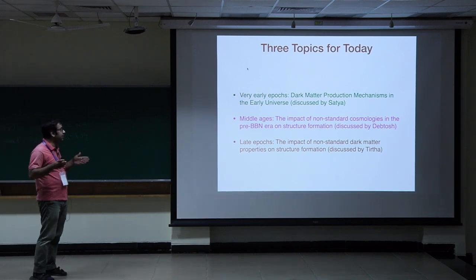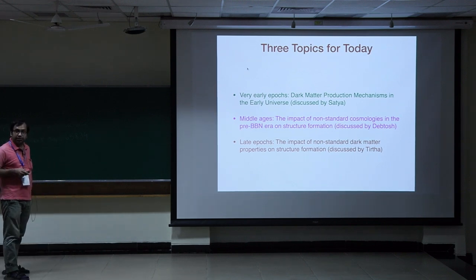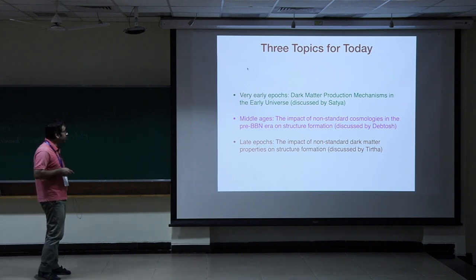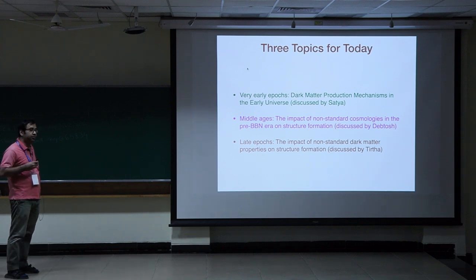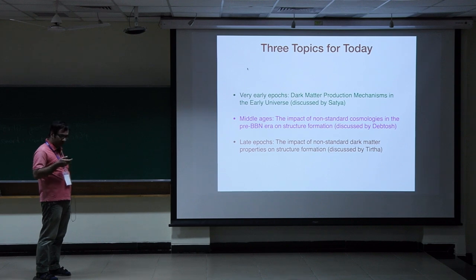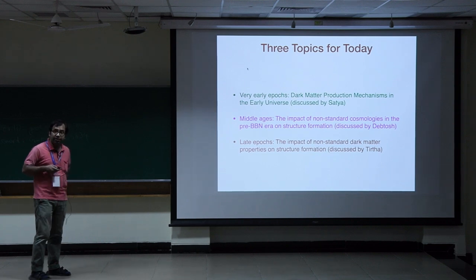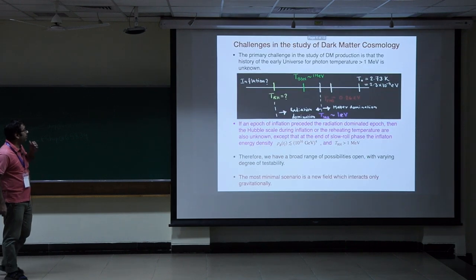That is, if you modify the standard cosmology in the pre-nucleosynthesis era, then how that has an impact on structure formation. And then Tirtha will discuss the late epochs. In particular, he will talk about non-standard dark matter properties, so not cold collisionless dark matter. For example, what happens if dark matter has self-interactions, and he will discuss those in the context of structure formation.